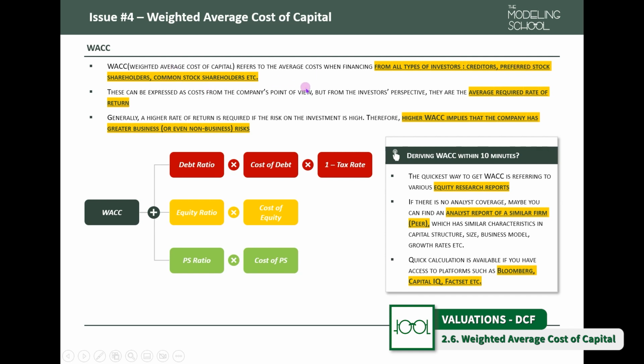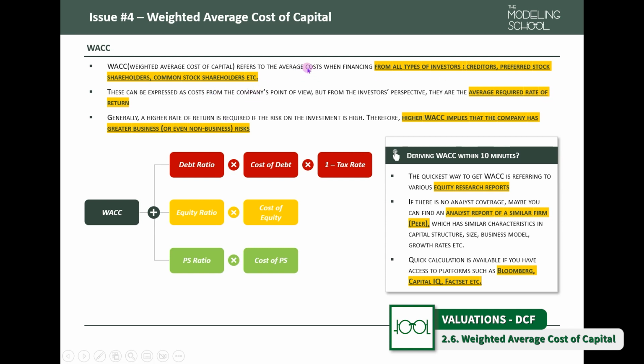And from now on, what we want to express is that we don't want to think from the company's point of view, but rather we should always now think from the investor's perspective, which is the average required rate of return.